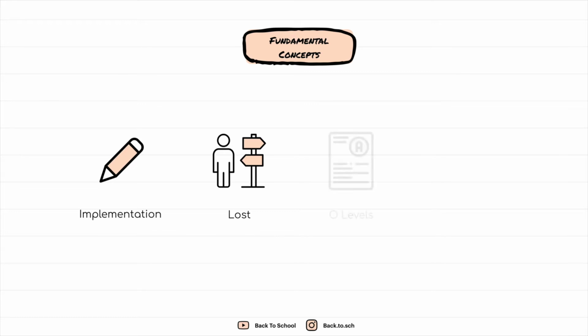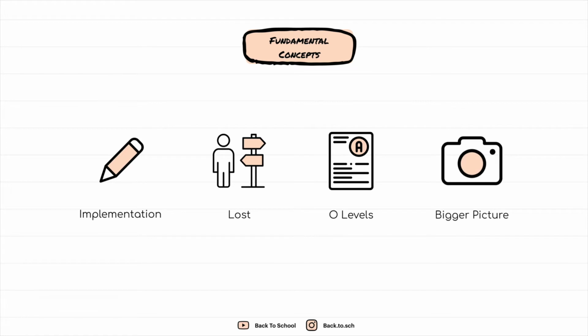This is especially so for O-level students, because the O-level people love to weave different concepts together to see if, as a student, you've really understood what's taught at the secondary level as a whole. This is the reason why when I teach in my tuition or even through these videos, I'll be establishing links between various concepts learned in secondary school, so that as a student, you can see how different mathematical concepts and chapters come together to form the bigger picture.